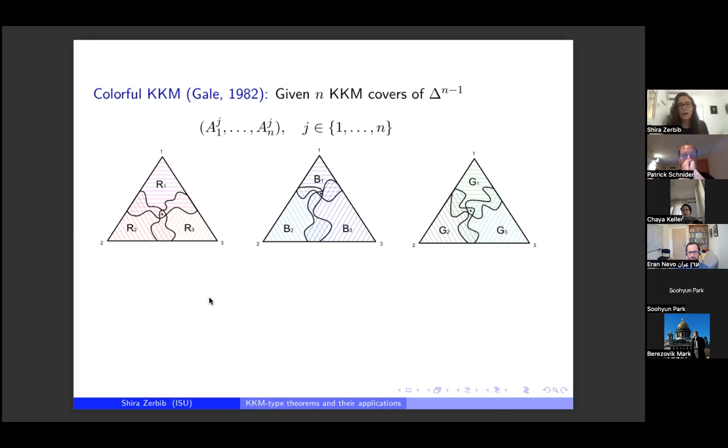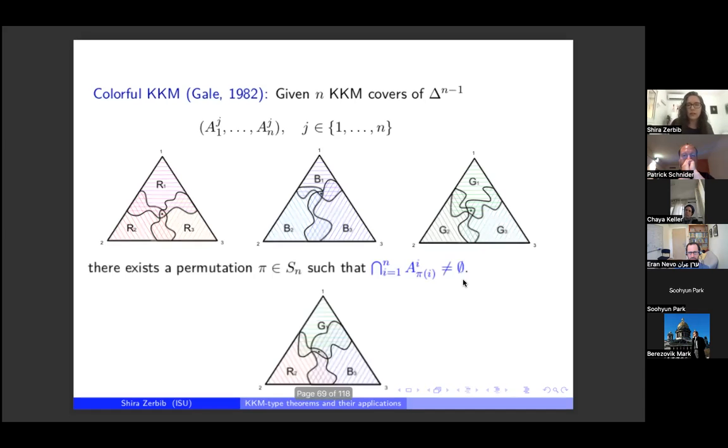And so the KKM theorem tells us that the sets in each one of these covers intersect, but Gale tells us that we can find a selection of one set from each cover corresponding to each one of the vertices, such that this colorful selection of sets intersect.